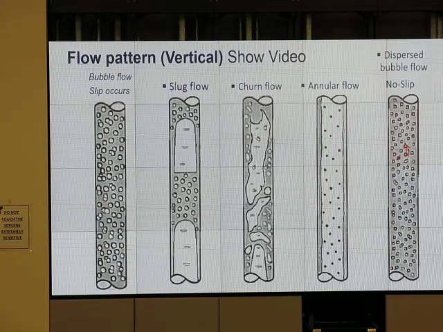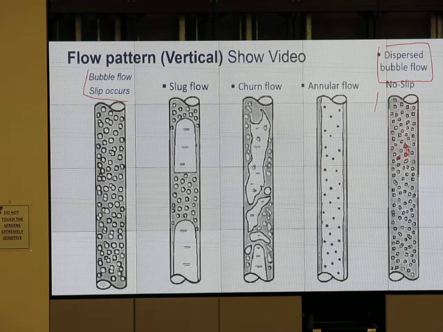Good. That is this bubble flow. The main thing is this bubble flow doesn't have any slip between the phases. No slip means the actual velocities of gas and liquid are the same. With slip means gas travels faster and liquid lags behind. Okay? That is for vertical flow.